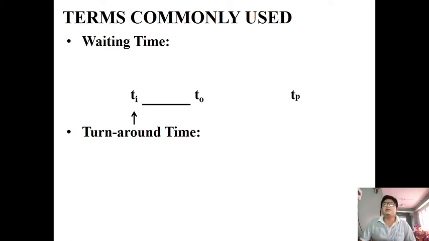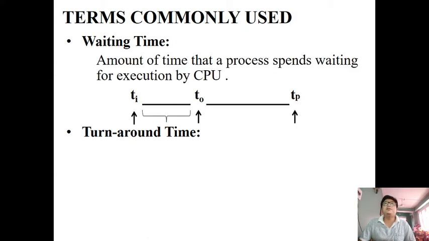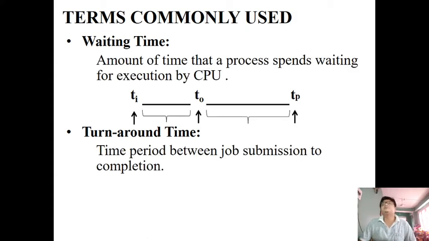At time TO, the process is given the CPU, because when the process reached the ready state at time TI, the CPU might be busy with some other process, so it has to wait. So it has waited from TI to TO.